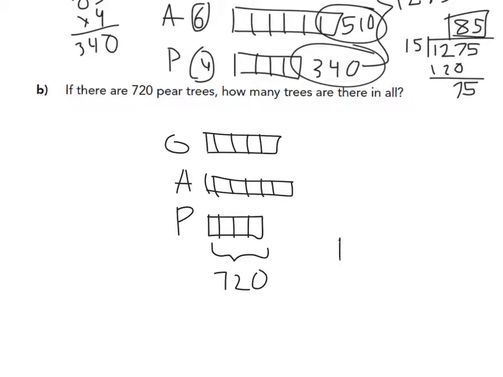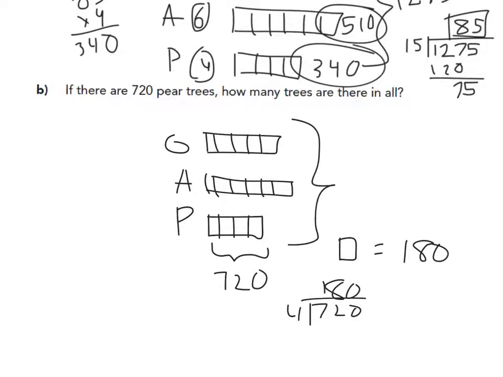Well, I can very easily find out that a single unit here looks like 720 divided by 4, which is 180. So if I know each unit is 180, and I know that this entire thing is made up of 15 pieces, I have to take those 180 per ratio unit and multiply it by 15.